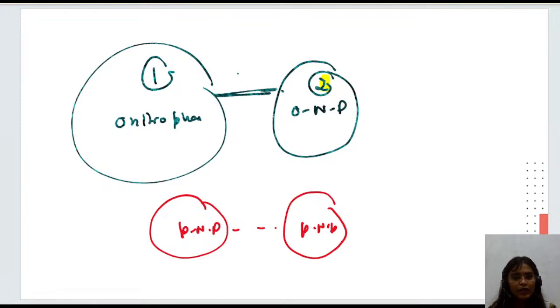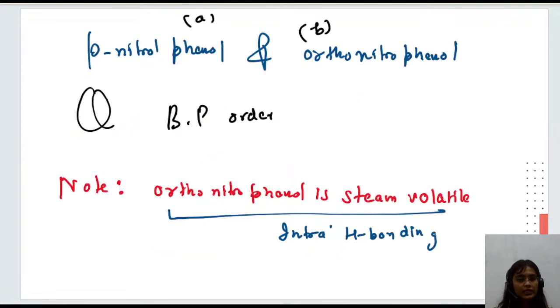Some polar-polar interaction can be there, but hydrogen bonding is not between them. So the attraction is very weak and easy to break, and even steam evaporates the ortho-nitrophenol. But in the para case there is attraction between molecules, so it is difficult to break. Okay, I hope this statement is clear for everyone.